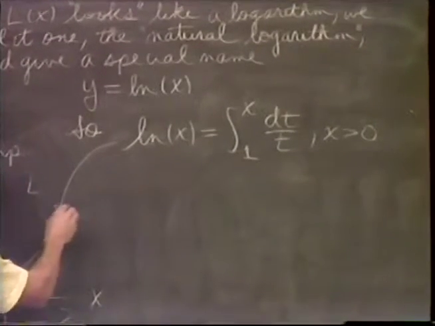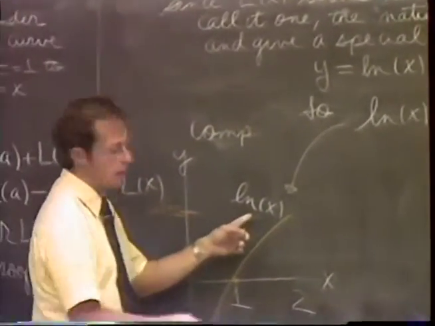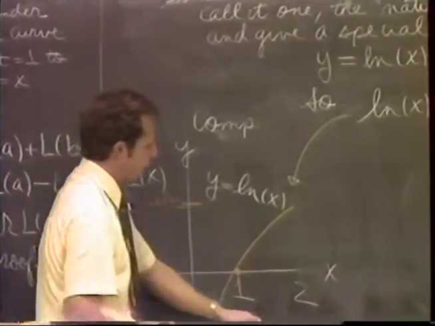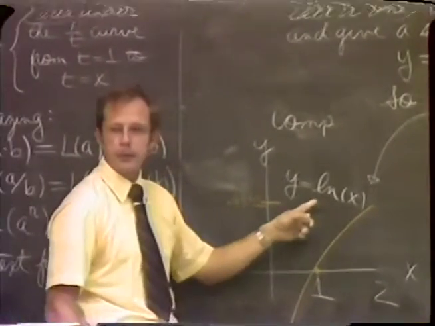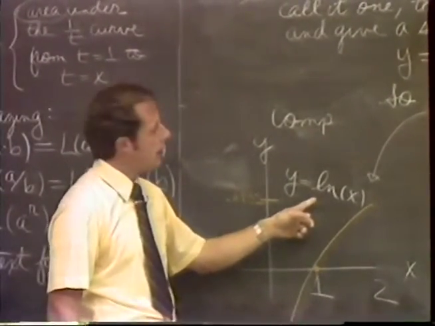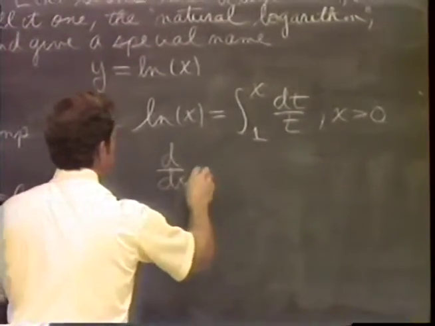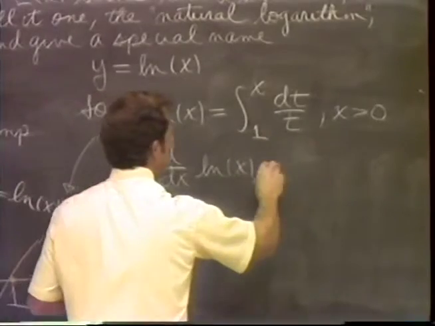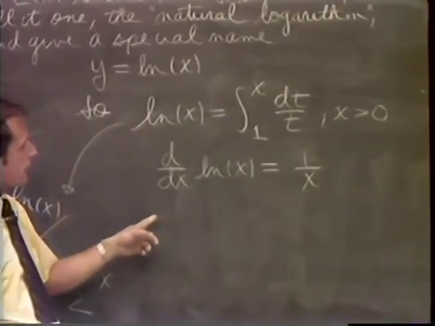It has this as its function. Forget the capital L, that was just my notation. This is the way it's going to be now, and this is its graph. It has a very important property that if you take the x derivative, you get 1 over x. That was the fundamental theorem.